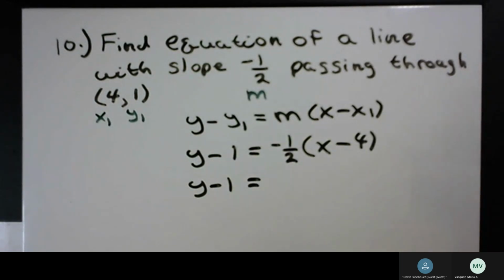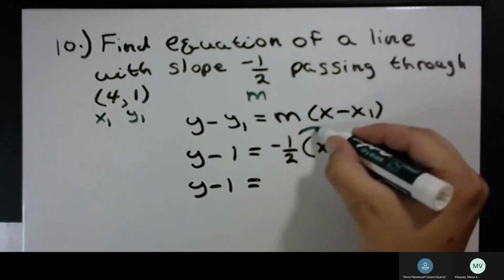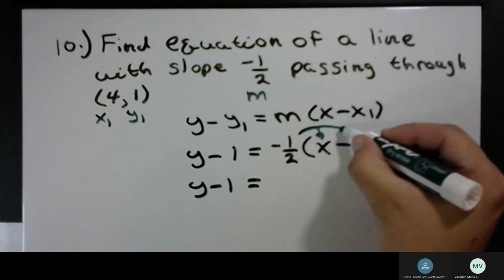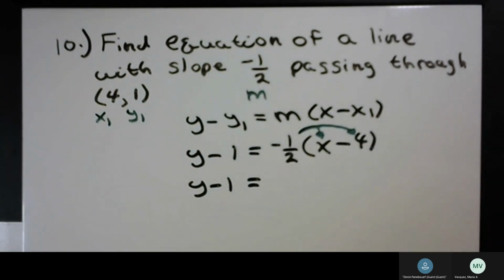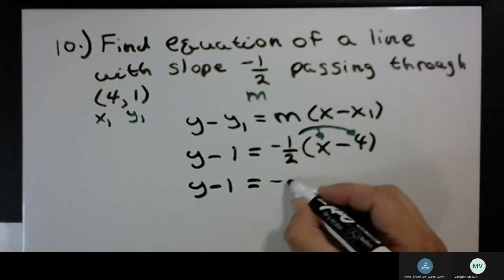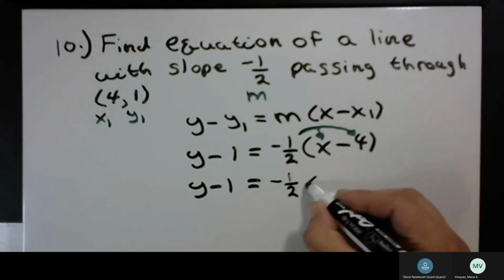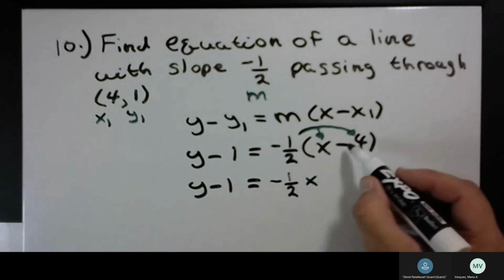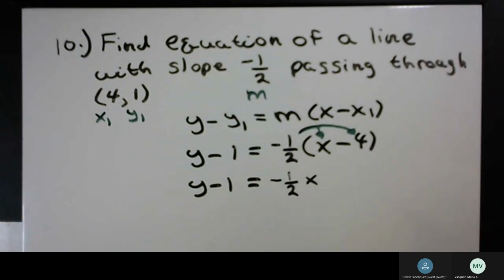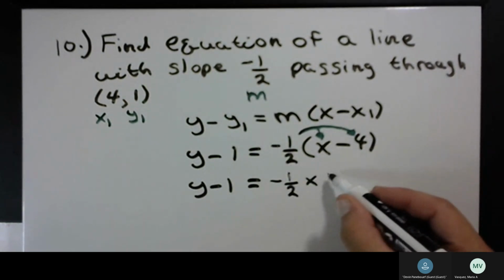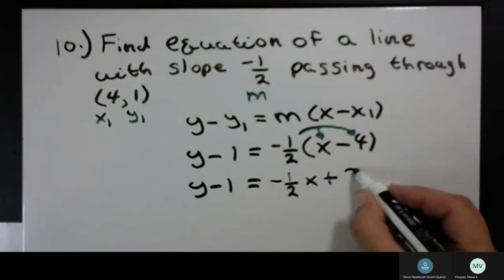Now we're going to distribute the -1/2. So you get -1/2 x. Now negative times negative is positive, and half of 4 is 2. So you have a positive 2.